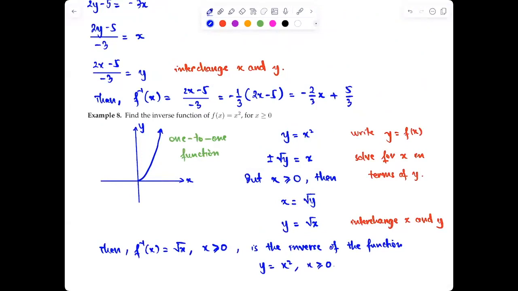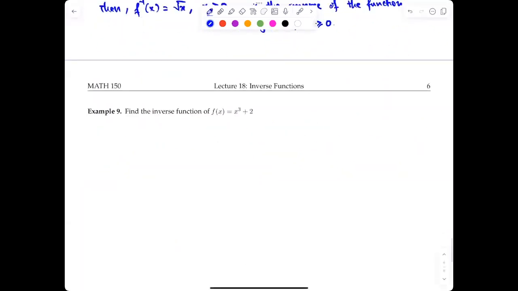Therefore, when you consider the inverse of this even function, you need to impose a condition so that you have a one-to-one function. However, with x cubed plus 2, you don't need the condition because x cubed is an odd function. Therefore, it is already a one-to-one function.